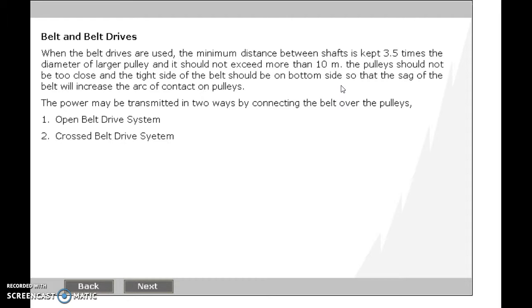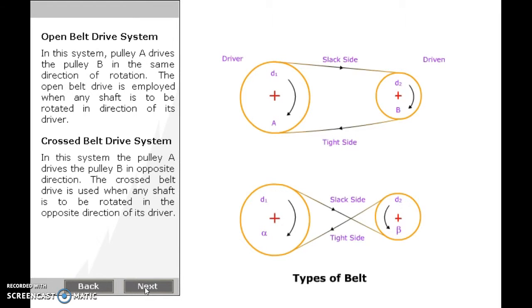The power may be transmitted in two ways by connecting the belt on the pulleys. The first is an open belt drive system and the second is a closed belt drive system. These are the two types of system.